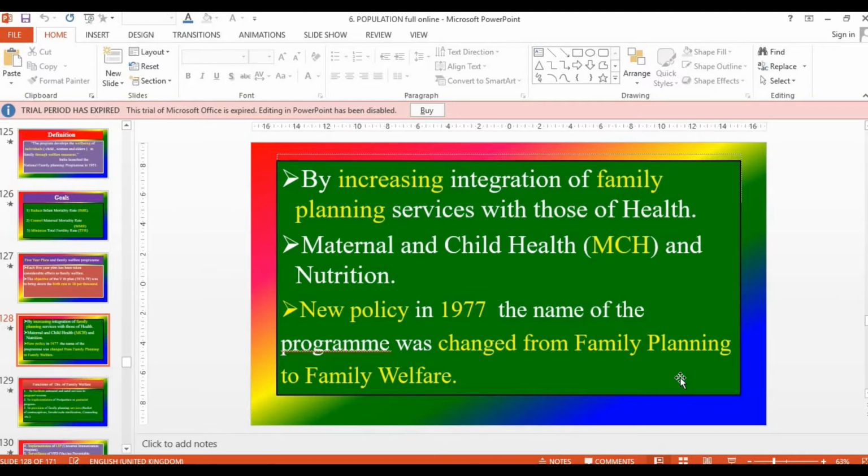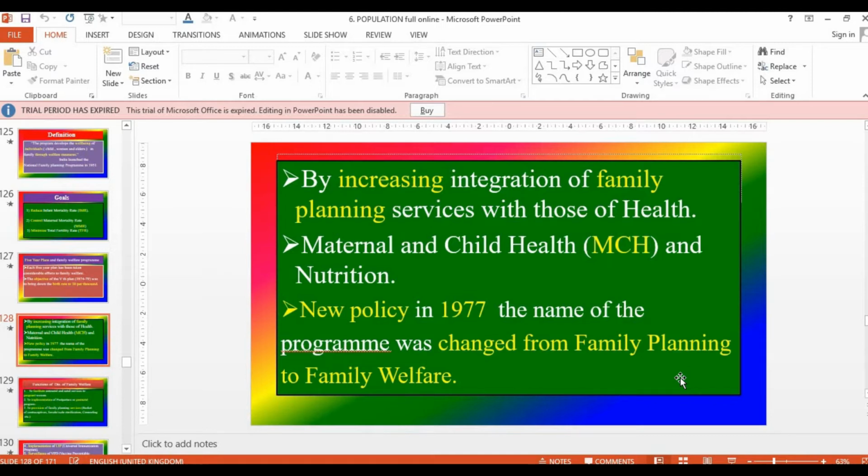A new policy in 1977 changed the name from family planning to family welfare. So students, till 1977 the program name was family planning program.